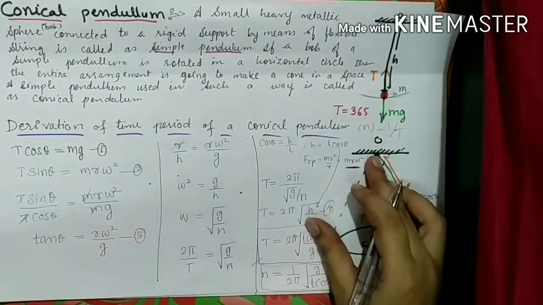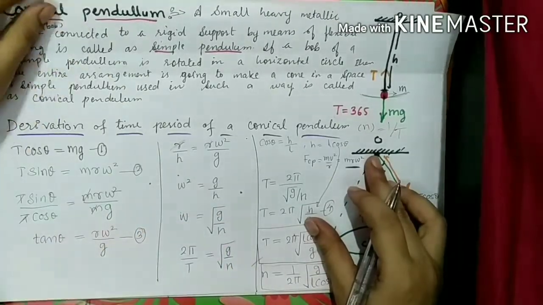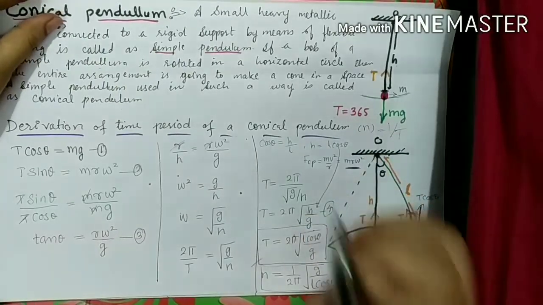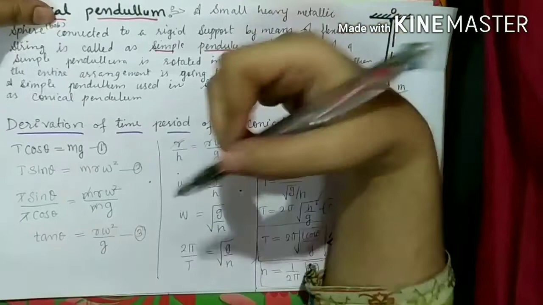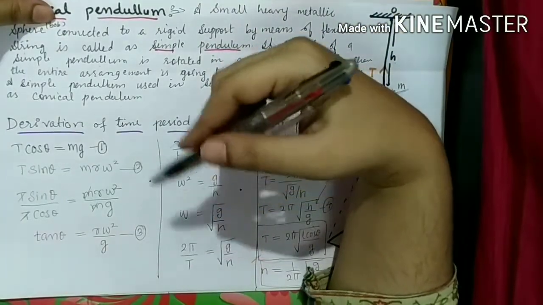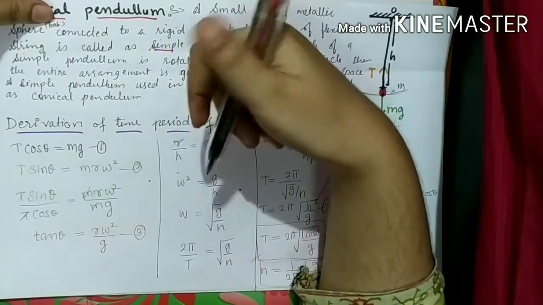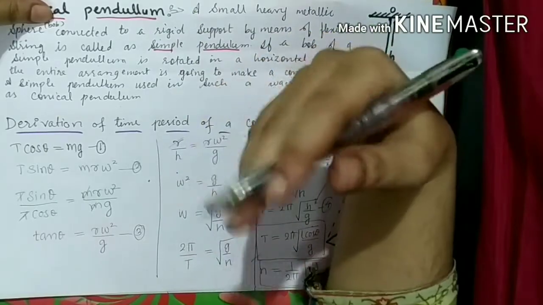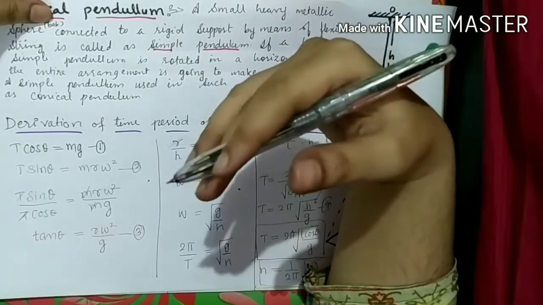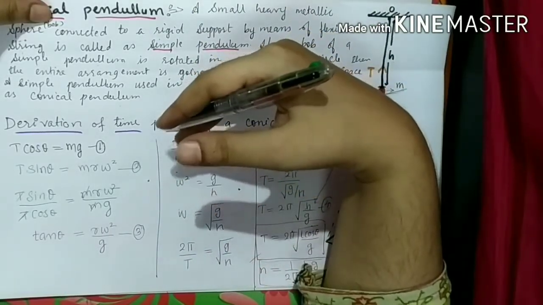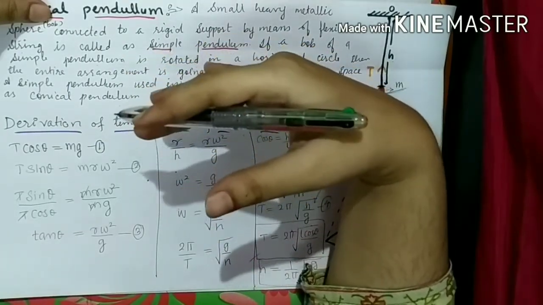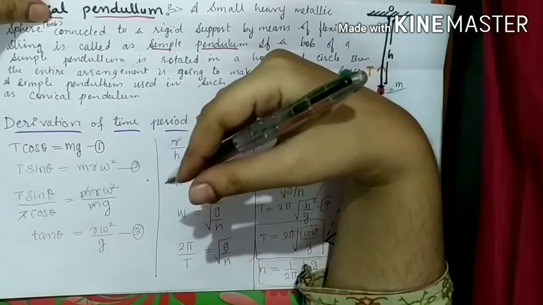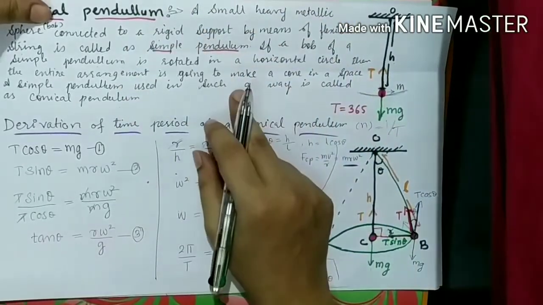This is the expression for the frequency of a conical pendulum. So far we have completed the concept of conical pendulum. Let us quickly revise it. First and foremost, if the question asks you about this conical pendulum, the question will be: define what is conical pendulum and derive the expression of time period. So first you will have to define the conical pendulum.